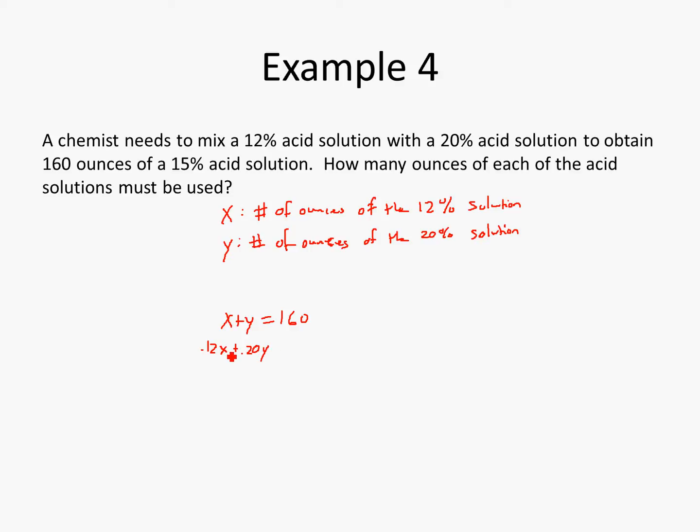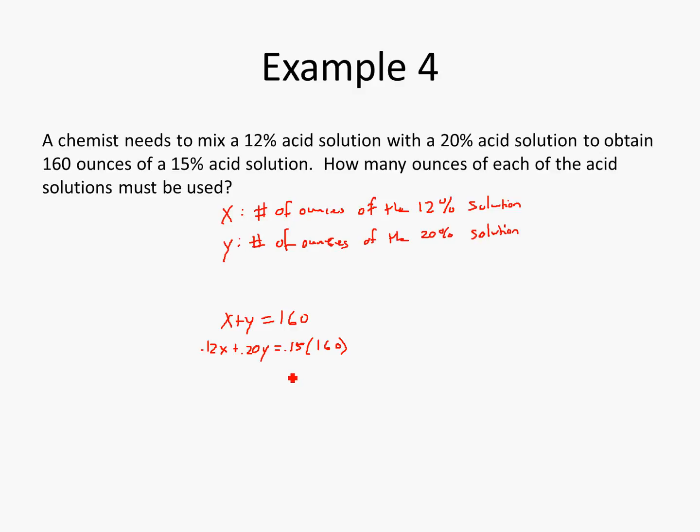So it's an amount times a percentage, an amount times a percentage. But at the end, we want a 15% solution, and the amount we're going to have is the 160. I don't know what 160 times 0.15 is offhand, so I'm just writing it as 0.15 times 160 for now. That's why it's set up that way.